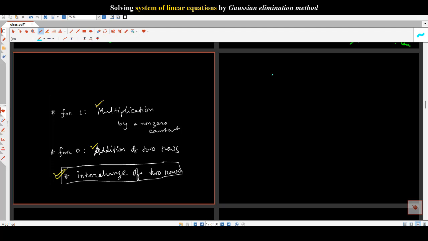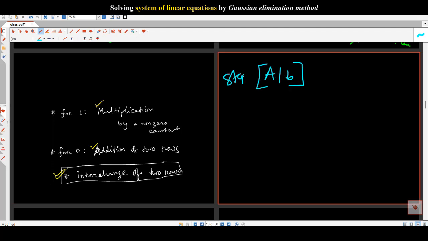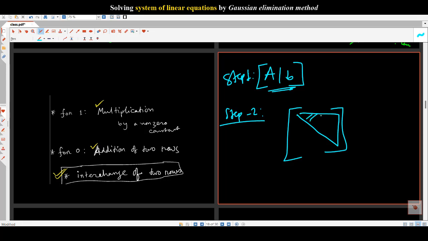Suppose you have the augmented matrix from step 1. Now in step 2 you are trying to convert this matrix to an upper triangular matrix, where the diagonal entries are 1 and the parts below are 0.